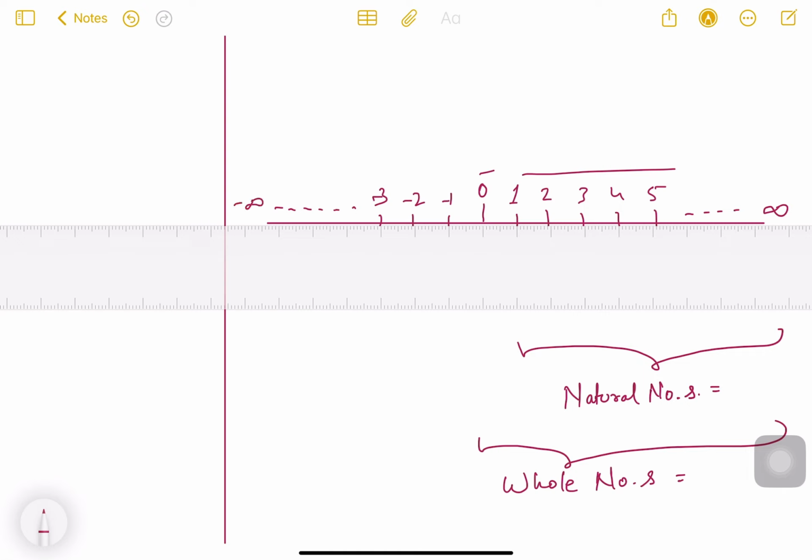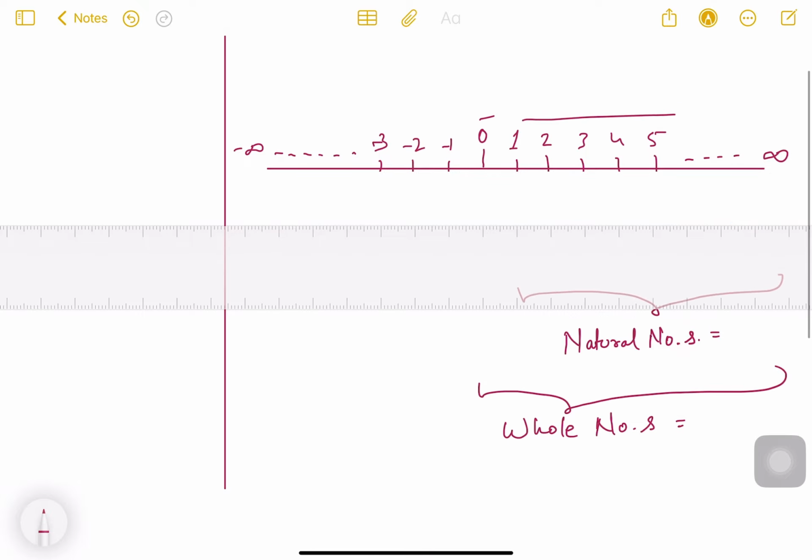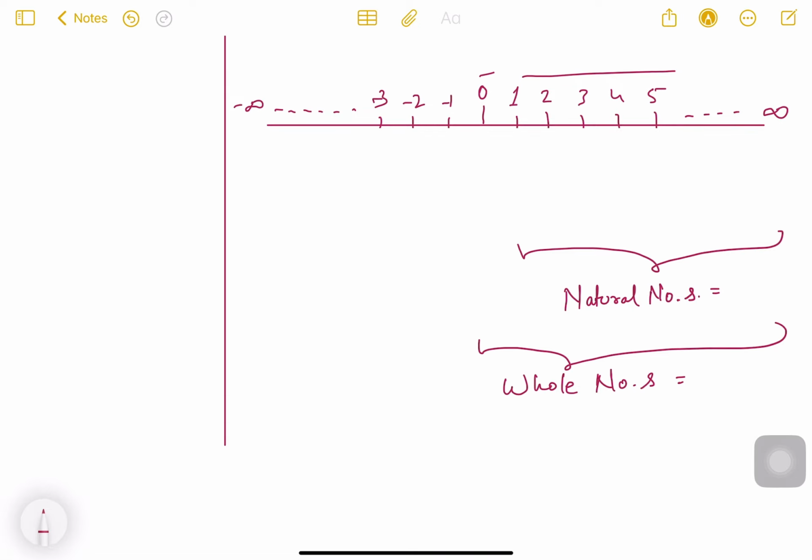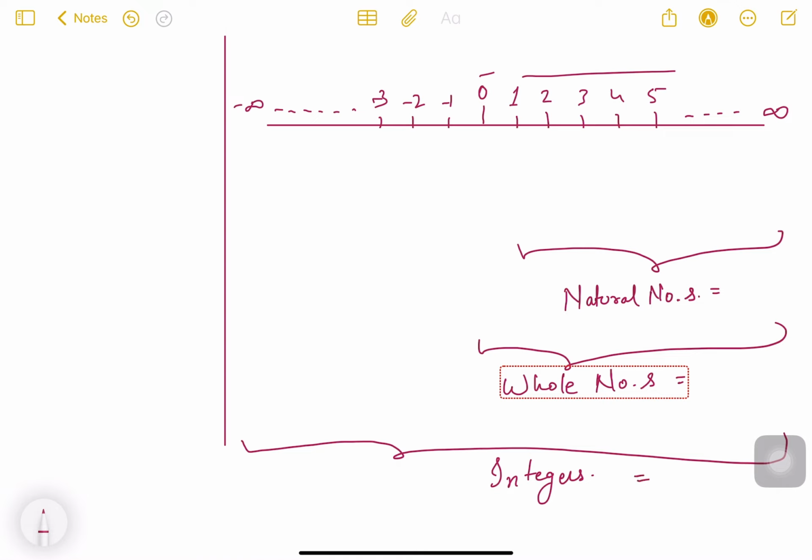When we introduce negative numbers to the number line, it becomes our integers. Integers go from minus infinity to infinity. We'll discuss what they are represented with as well.